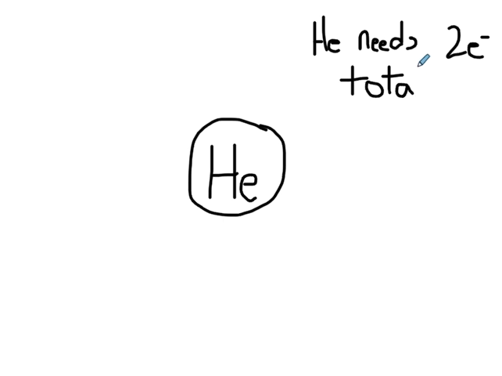You always want to start by writing out how many total you need. Then you want to remember what your shells can hold. So the first shell could hold 2 electrons.